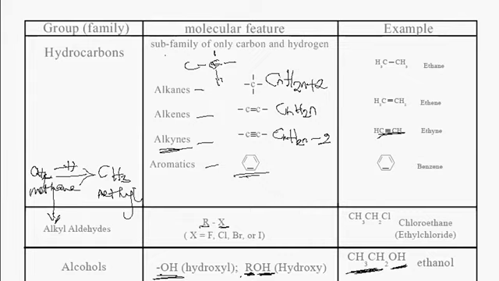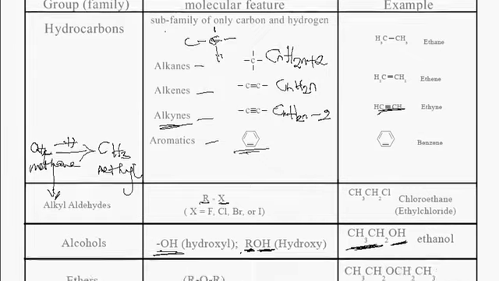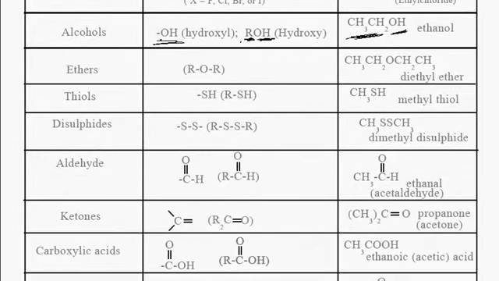All right, so let's move down further and see the next one. I have ethers here. An ether will have an oxygen atom attached to two alkyl groups.